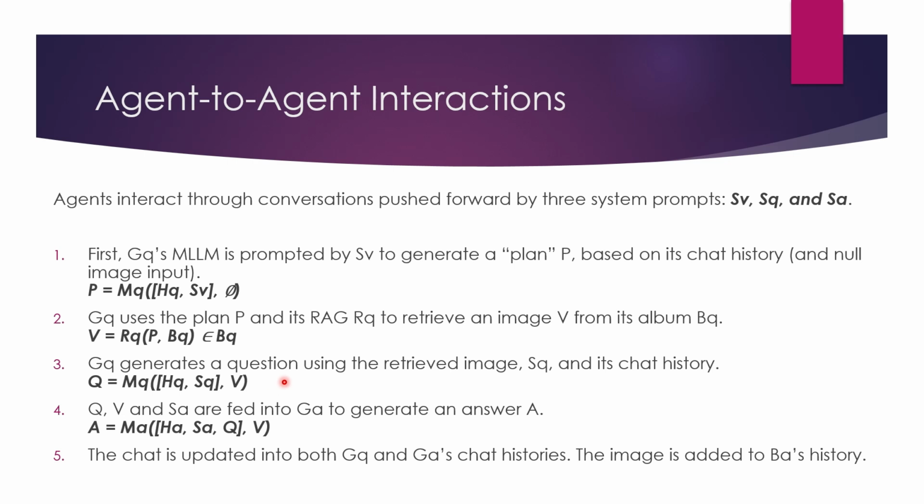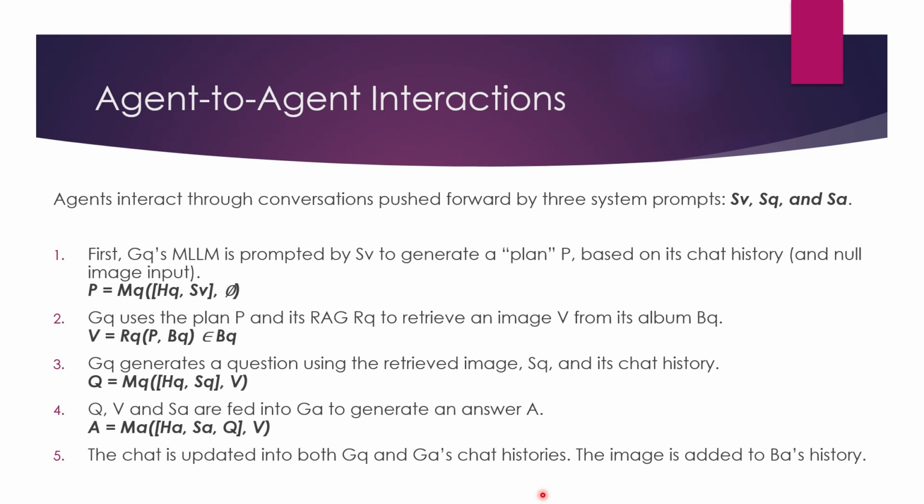Those are then given to the answering agent. The question, the image V, and the system prompt SA are fed into GA, the answering agent, to generate an answer.